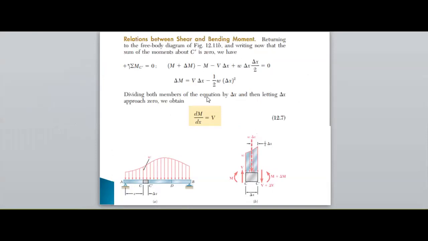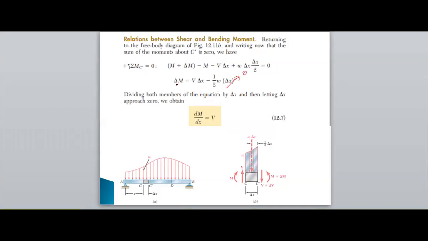Therefore, balancing it, M and minus M will be cancelled. Therefore, delta M is equal to 1 by 2 V into delta x minus 1 by 2 W into delta x square. Where delta x is very small, delta x square becomes very, very small, therefore I can neglect this term.